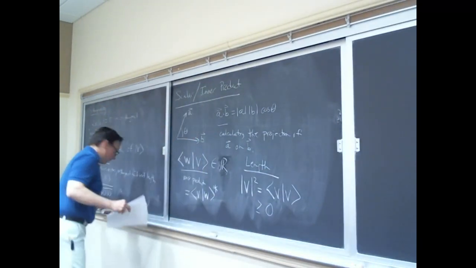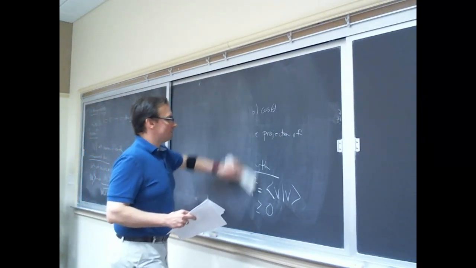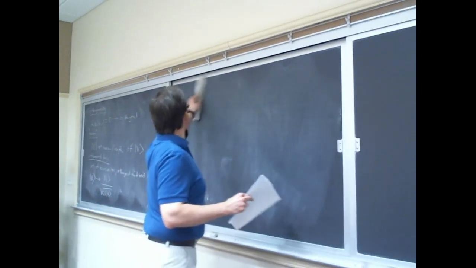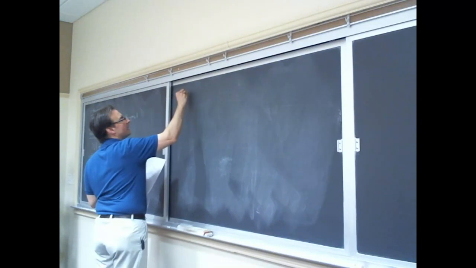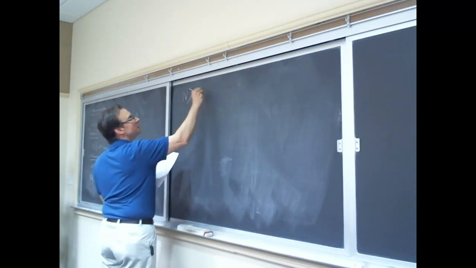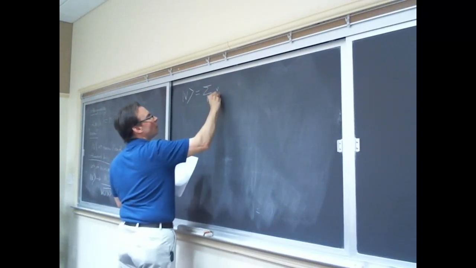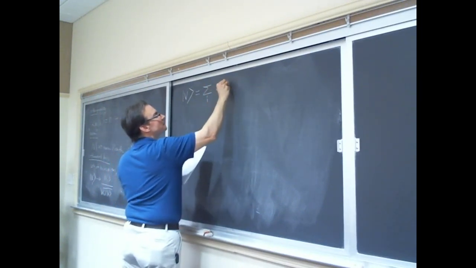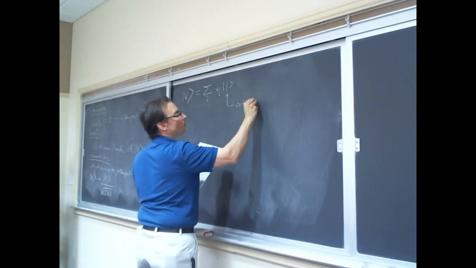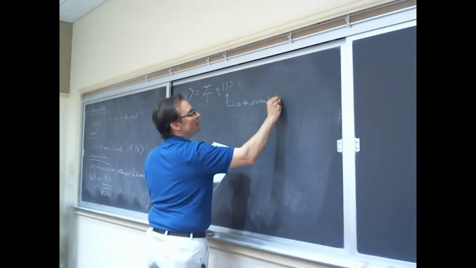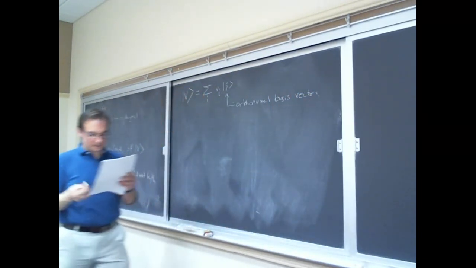Once you have a set of orthonormal basis vectors, you want to then express other vectors in the space in terms of those. So it should be possible to take any generic vector V in the space and express it as a sum on, let's say, i of coefficients v_i times these orthonormal basis vectors, these kets i.